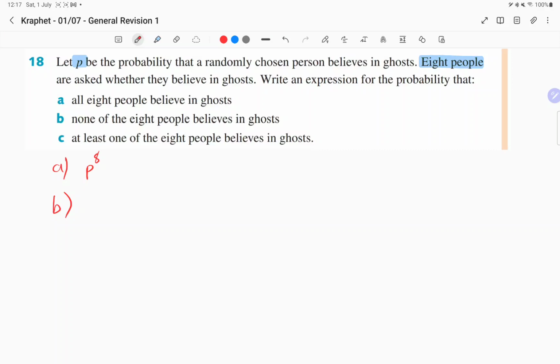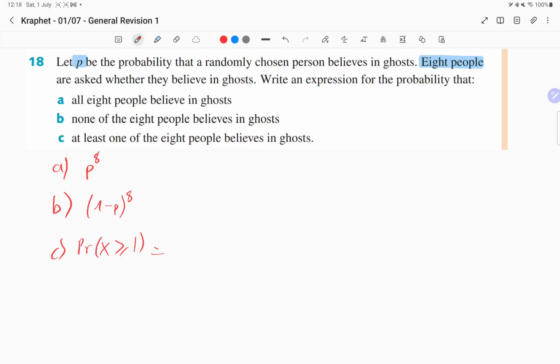B, none of the 8 believe in ghosts. It would just be (1 minus P) to the power 8. Right? At least 1. So the probability that at least 1, is the same as what? Is there an easier way to do this?